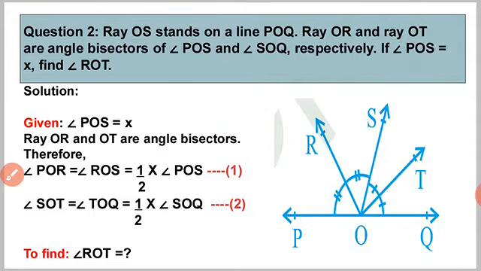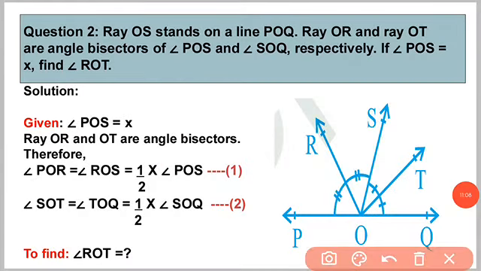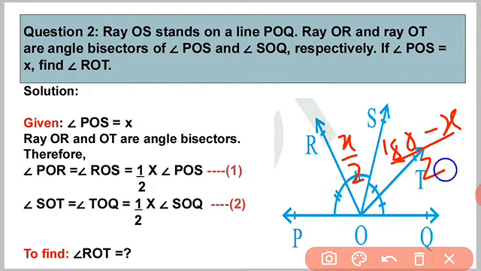So we got two angles: ROS is equal to x by 2, and SOT will be equal to (180 degrees minus x) by 2.